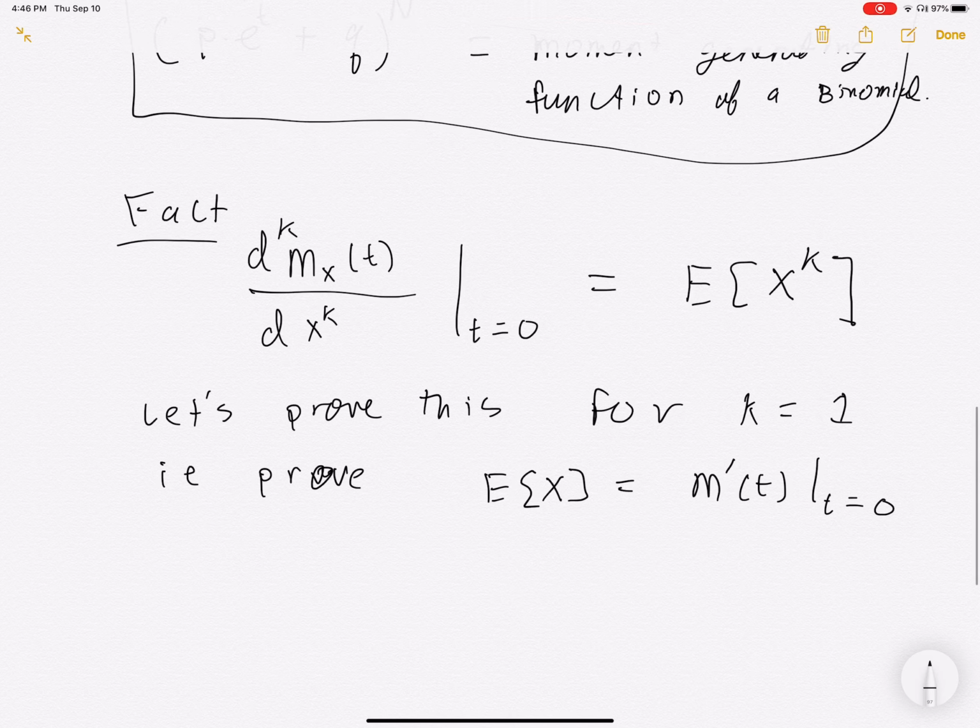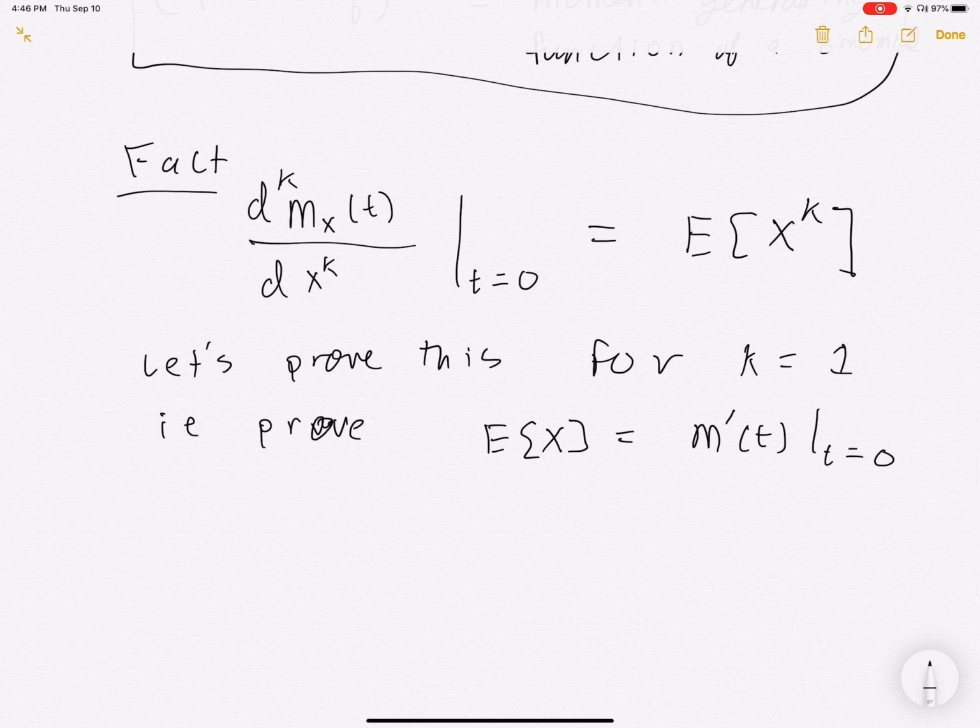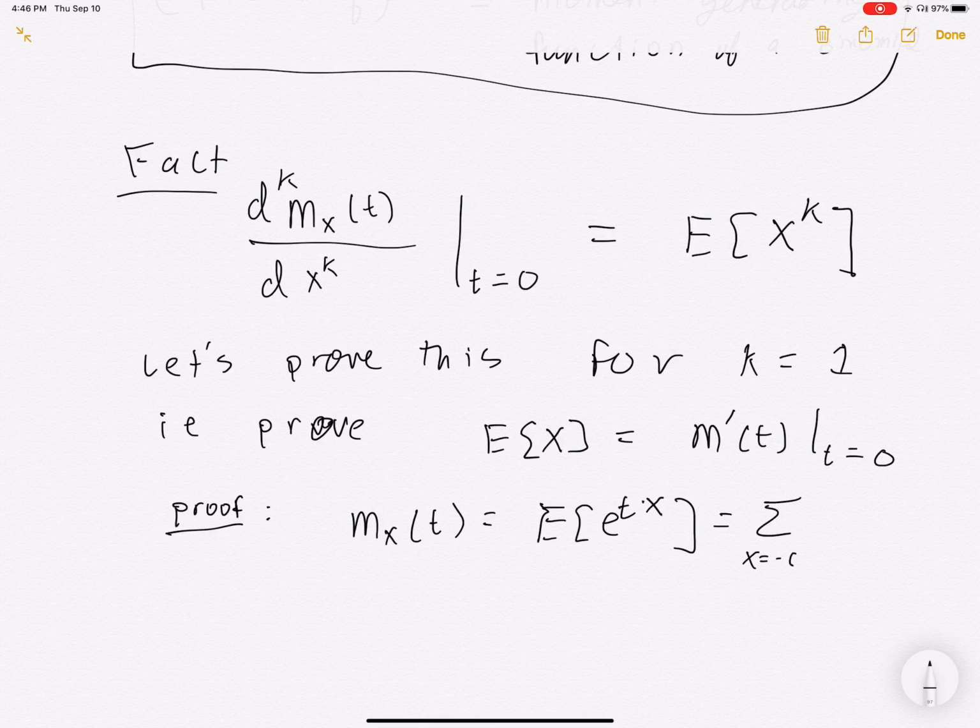Okay, so if I just write out what the moment generating function is, it's this expected value of e to the t times X, which is this summation from minus infinity to infinity of e to the t times x times p of x.